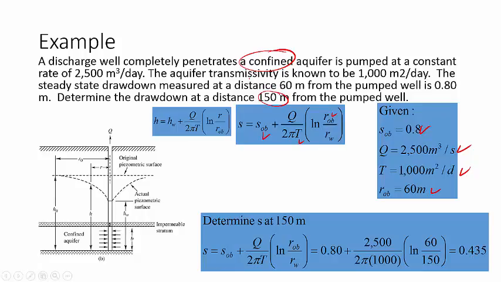So what we have here is that at a certain distance, which was 60 meters, the drawdown was 0.8 meters. So if I have the drawdown and the distance and the transmissivity, then I can calculate the drawdown at any other distance. Okay?